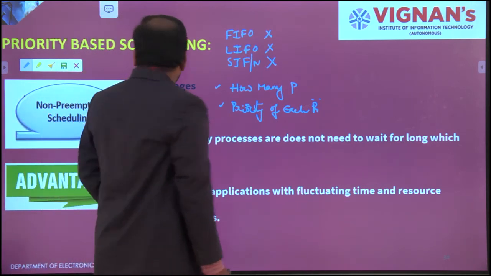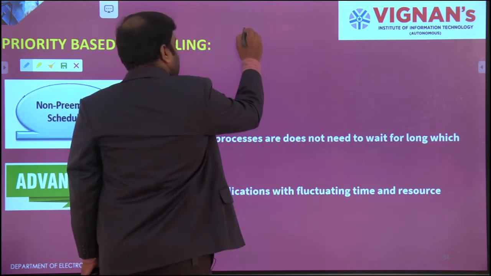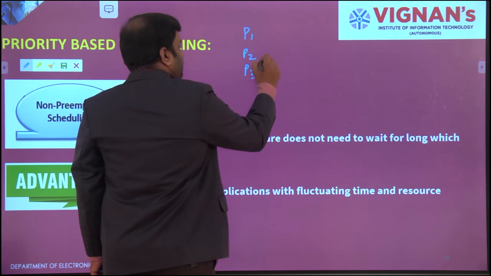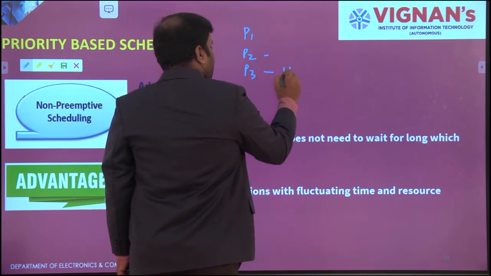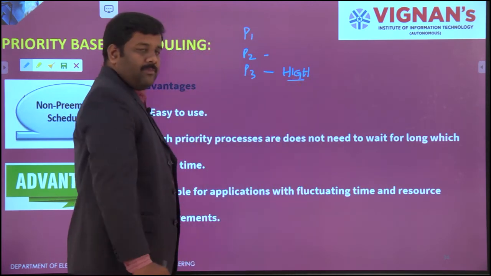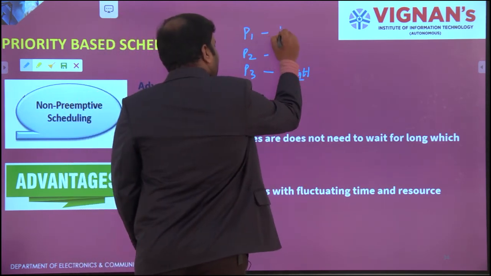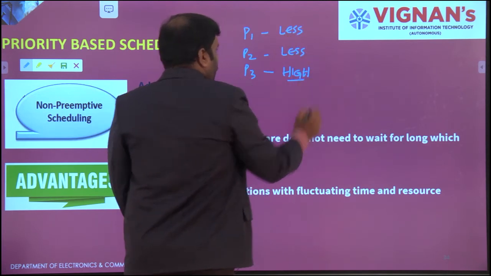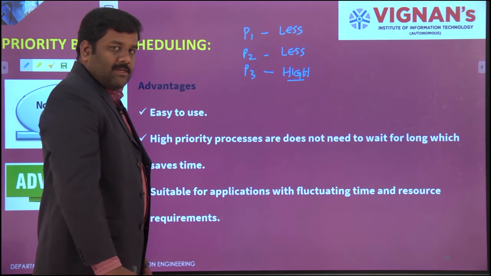And the next one is that a high priority process doesn't have to wait until the execution of the previous process. For example, as we already considered P1, P2 and P3, say P3 has high priority, while P1 has low priority and P2 also has low priority.